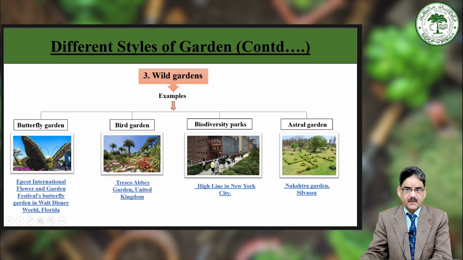In the third image, High Line in New York City is one of the examples of biodiversity park, and the last image is of Astral Garden, which is also known by the name of Nakshatra Udyan. The image is showing one of the Nakshatra Gardens located at Silvassa in India.